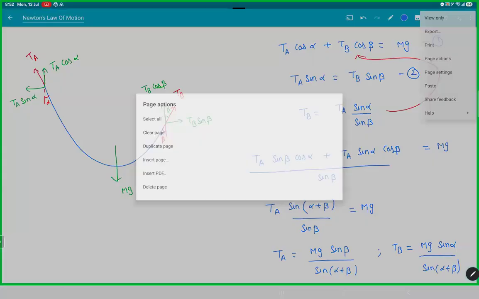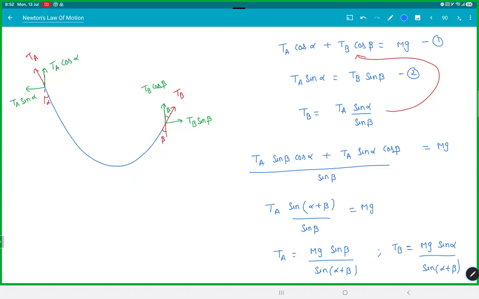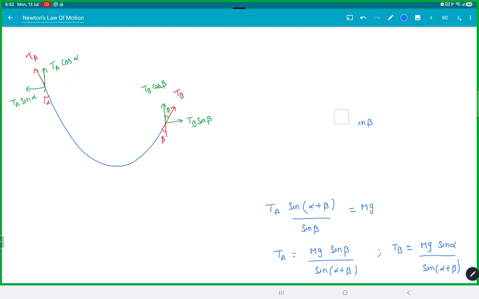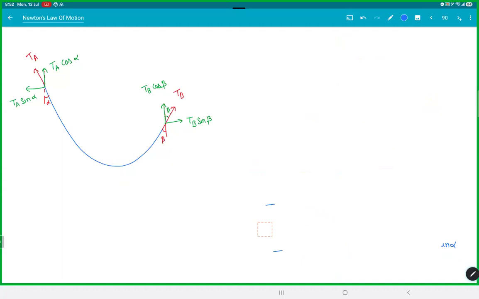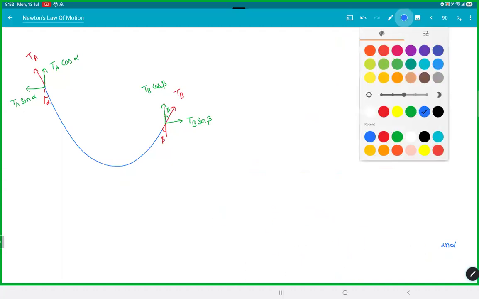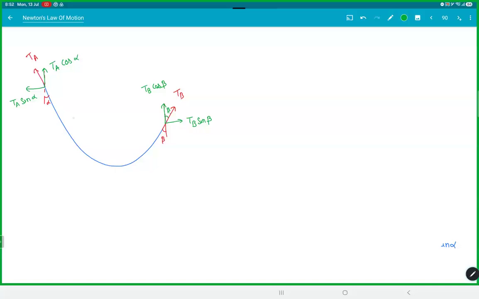The second part of it, we need to find the tension at C also. Now, if you want to find tension at C, you have to cut it at C. That is the catch. But interestingly, if you take tension at any point, let's say here, and let's say this angle is theta, you will notice something.